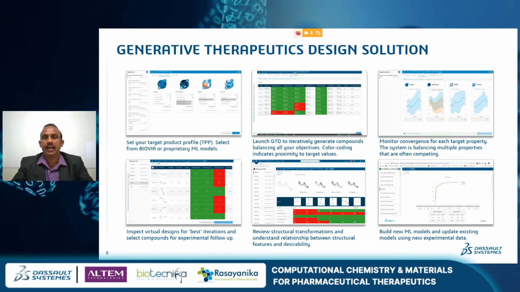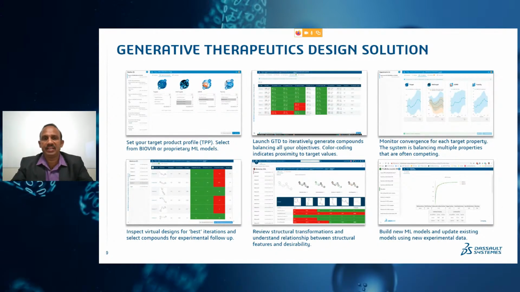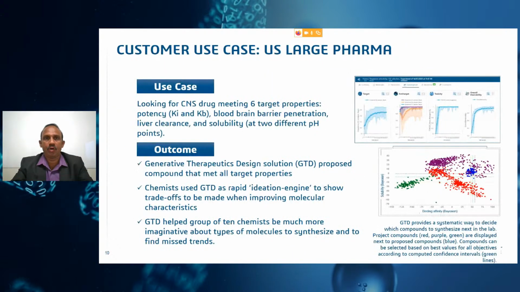Using that, I generate a set of molecules, and iteratively the program starts generating millions of molecules respectively, and each molecule is mapped against each of these targets to identify which of these molecules passes satisfactorily over these specific properties and is virtually examined from time to time, and also any structural transformation that occurs within these molecules is also identified, and a complete model is built based on these specific compounds with this target profile. That's the idea behind generative therapeutics design solution that Biovia offers.